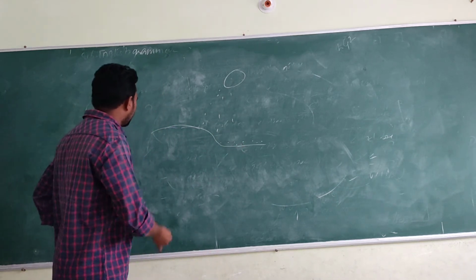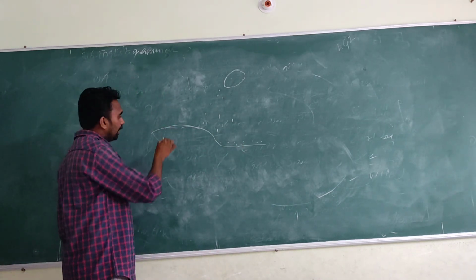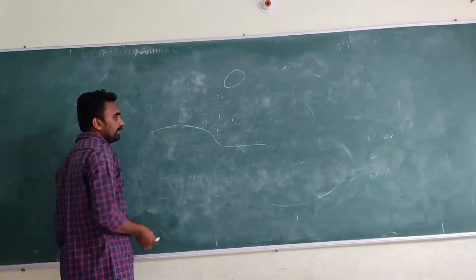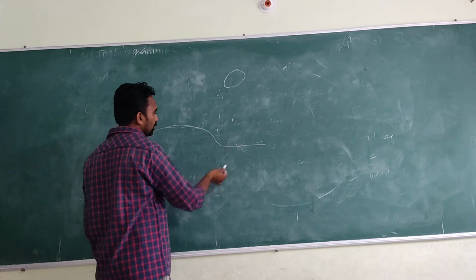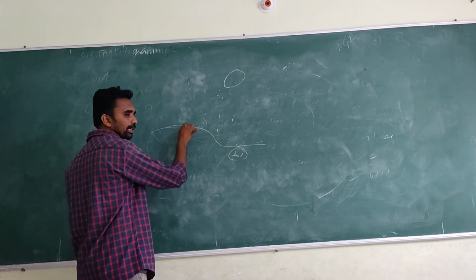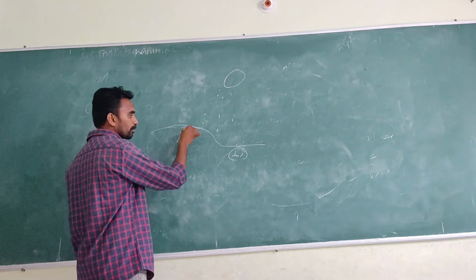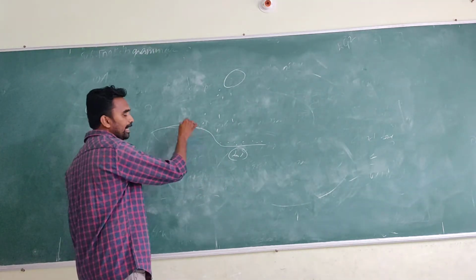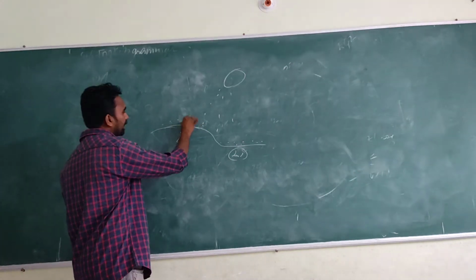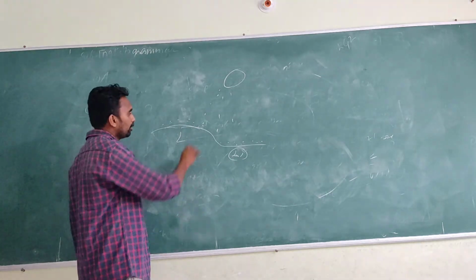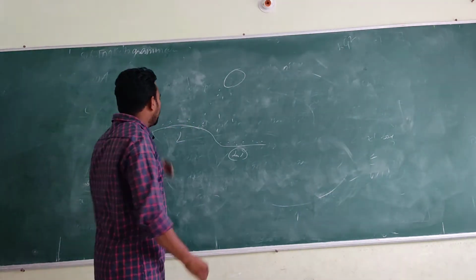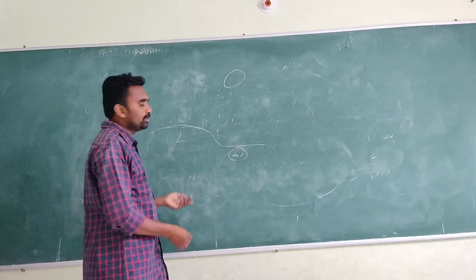As we discussed, land takes less time to heat and less time to cool. So among these two parts, the land is heating quicker than the water. When the land is heated, the air present on the land also gets heated, and it loses its weight.